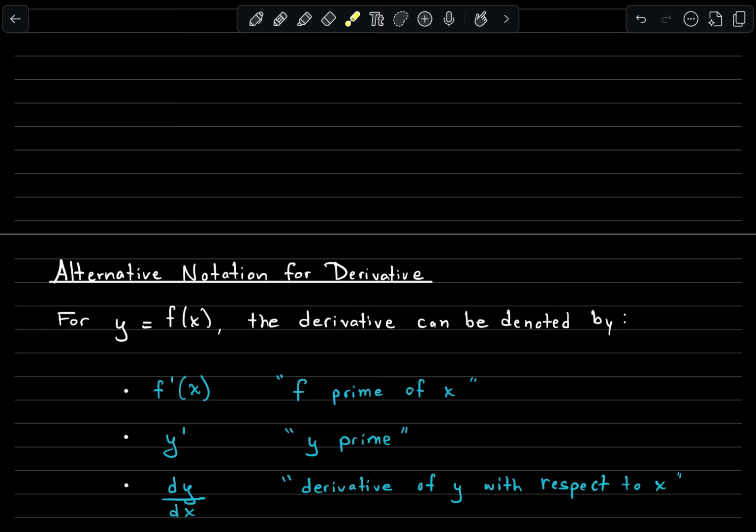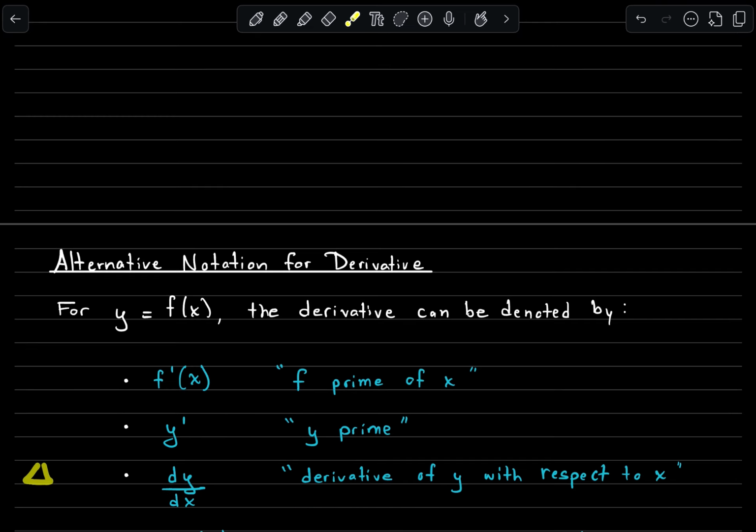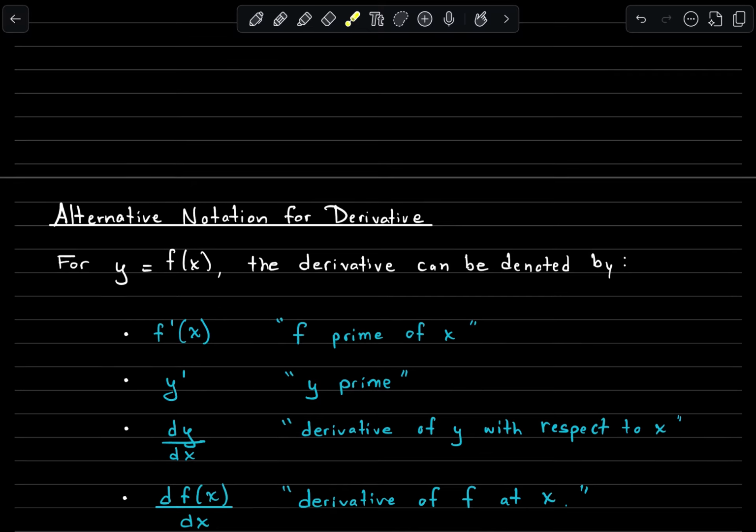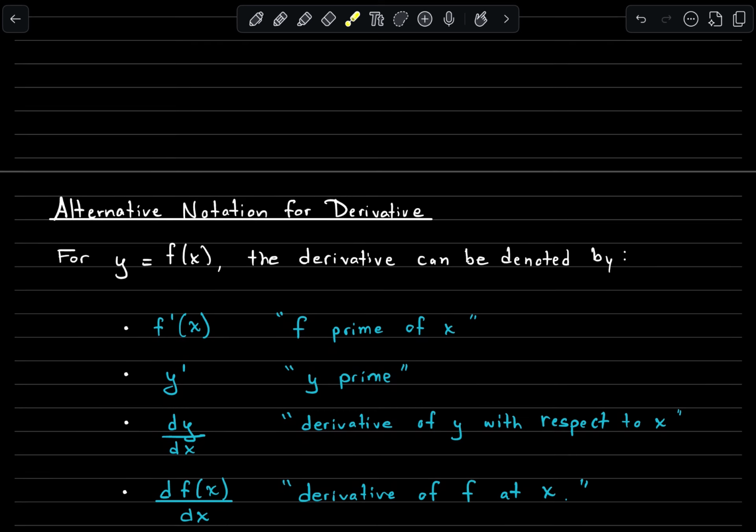You can take that derivative with respect to different variables. It could be x or z or y or something like that. Okay, and if you notice, this is actually just coming from our slope formula, delta y over delta x. So this is now that delta is becoming dy and dx for that infinitesimal change. Okay, and you might see d of f of x over dx, the derivative of f at x.